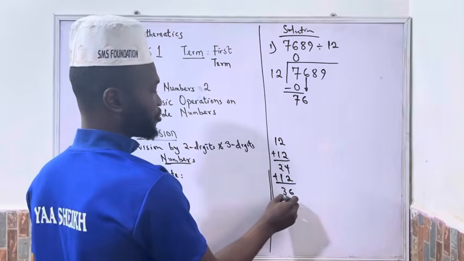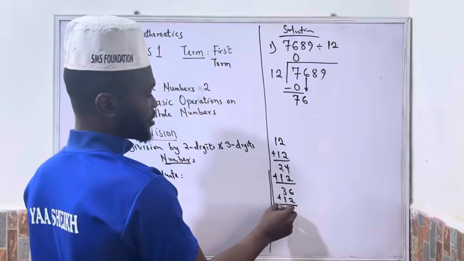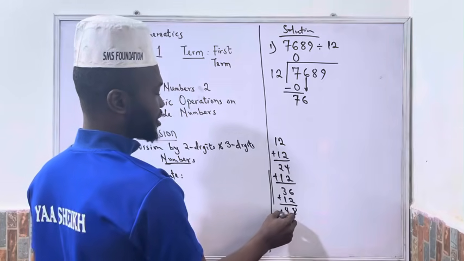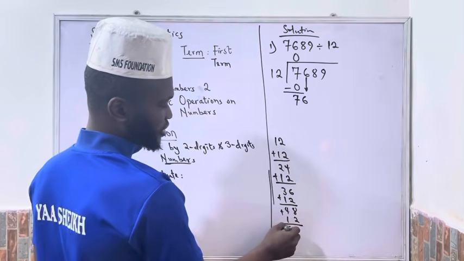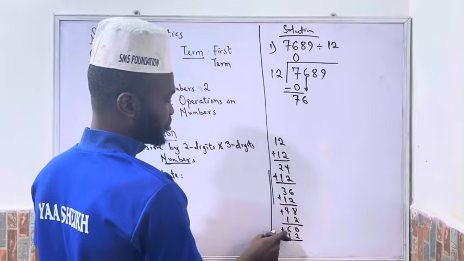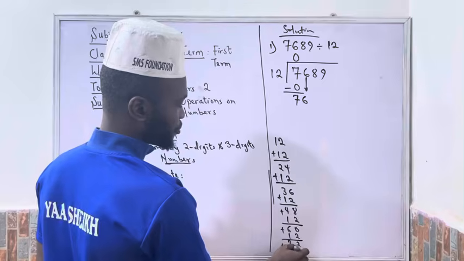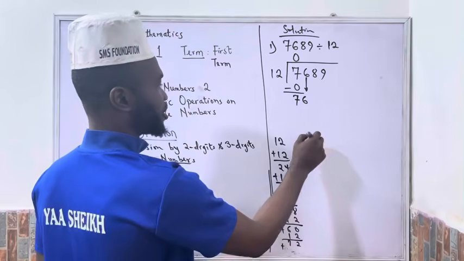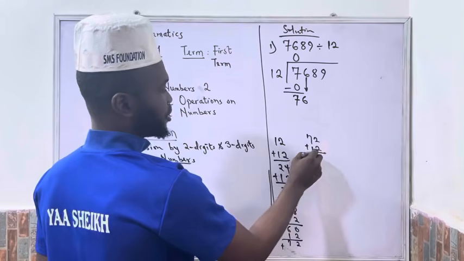Keep adding 12: that gives 48, then 60, then 72. If you add another 12, that will give me 84.